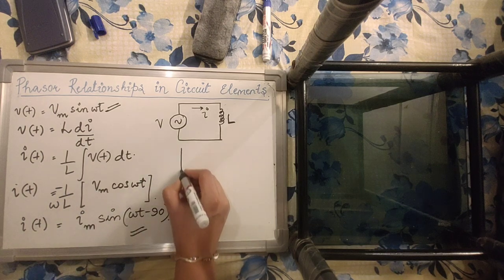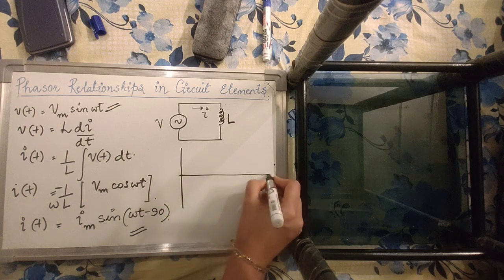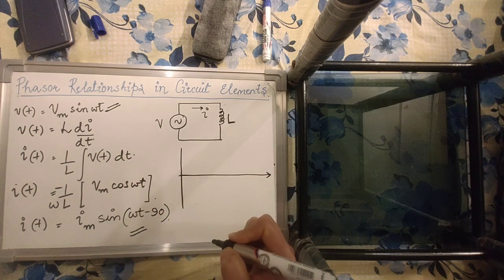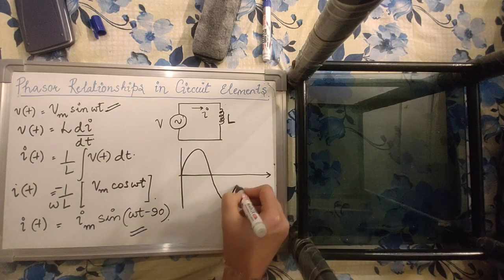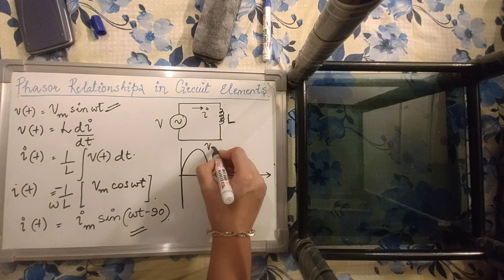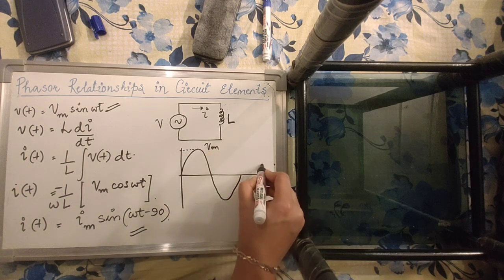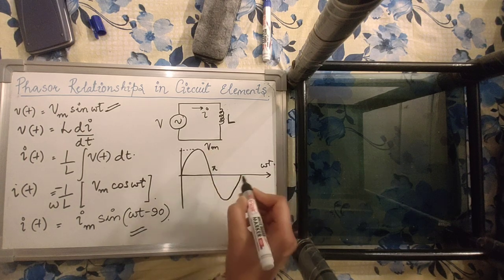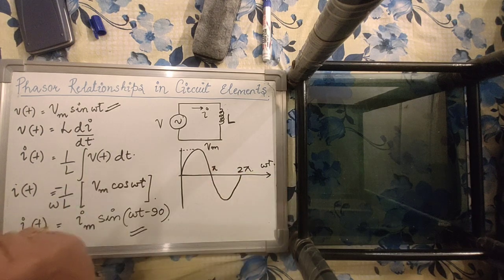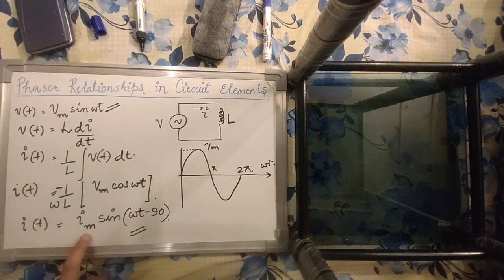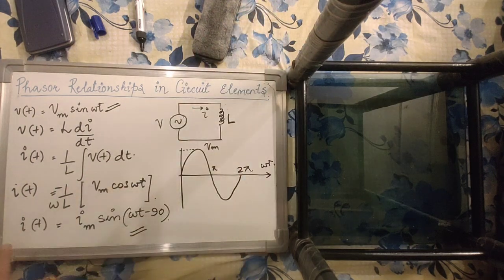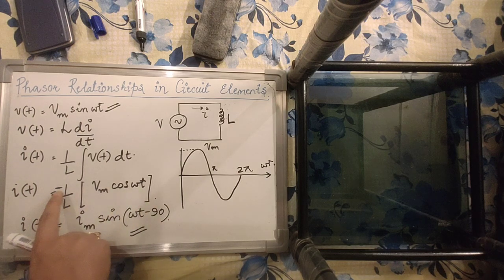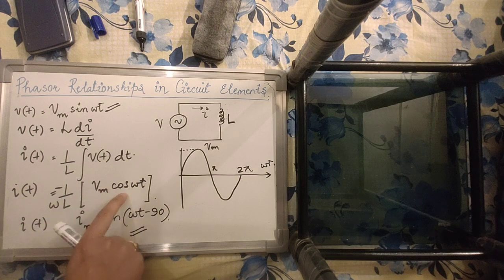Now let's analyze this time domain analysis graphically. So we have the voltage signal, which is a sinusoidal signal with a peak value of Vm. And if this is the omega t axis, then I know that these points are pi and 2 pi. From this time domain analysis, I know that the current signal is simply Im sine omega t minus 90 degrees, or you can say it's a minus of cos signal if you use this equation.